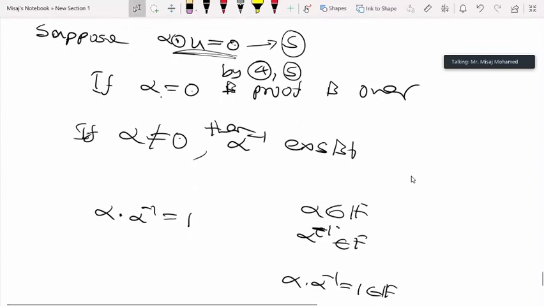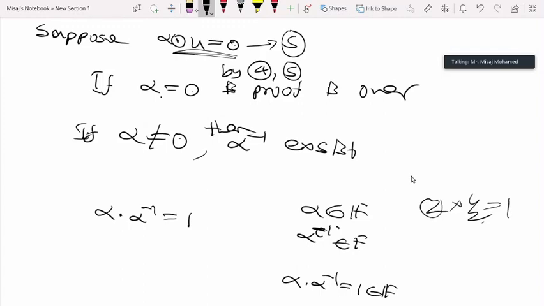If alpha is non-zero, in the scalar property we know that every non-zero element, of real numbers or complex numbers, has an inverse. So 2 into half is 1. So 2 is the inverse of half, half is the inverse of 2. So alpha inverse must exist if alpha is non-zero. 0 means 1 over 0, no, it will be in trouble.